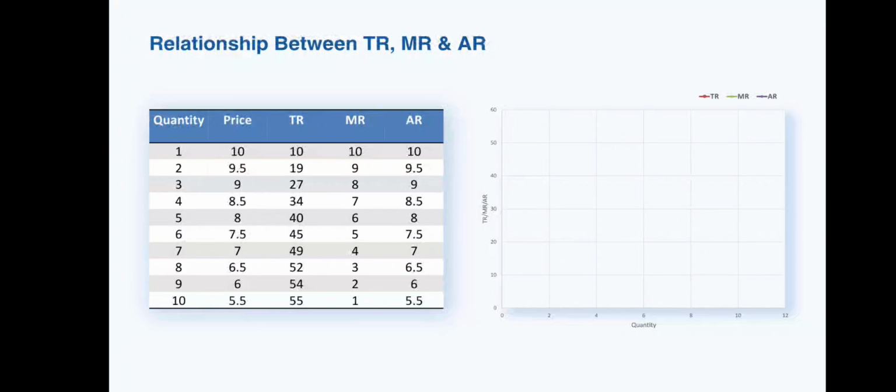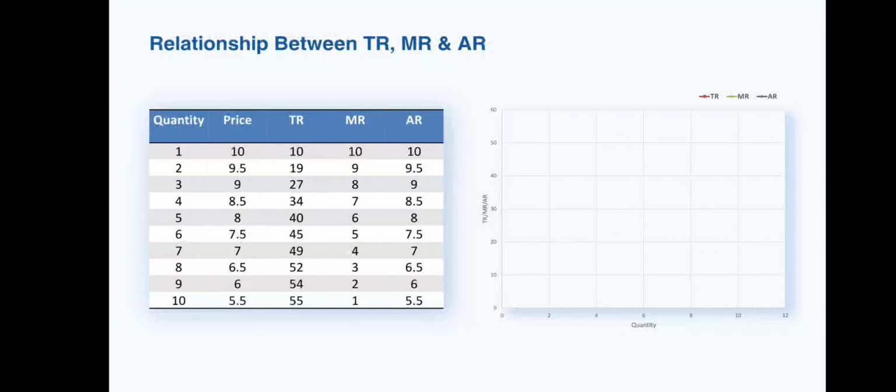In the first combination we see that the quantity is 1 and the price is 10. If we multiply this, we get 10. In the next one we see that the quantity is 2 and the price is 9.5. Now if we multiply quantity with price, we get 19. In this way we get the values of total revenue for the quantity 1 to 10.